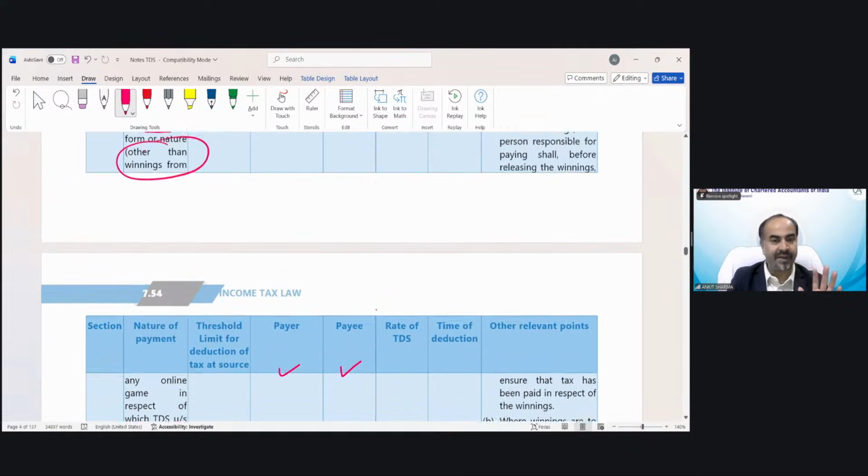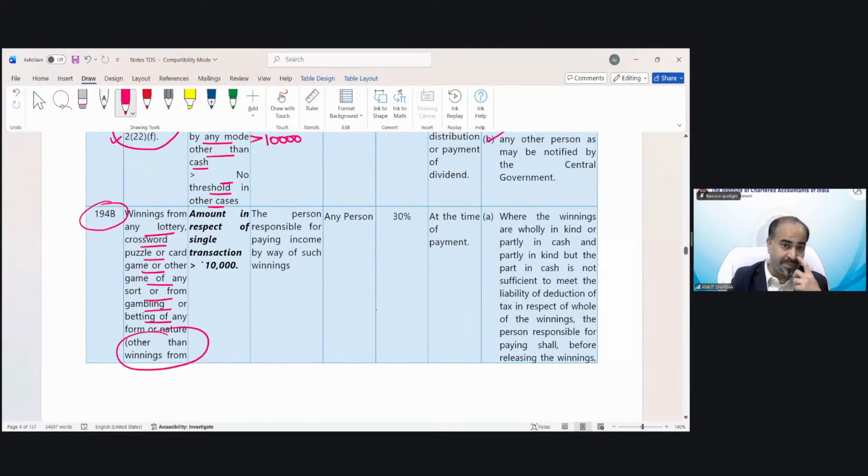Other than that winning. So these are also part of casual income. But in this case, the amount in respect of a single transaction, if it is exceeding 10,000, then TDS is required to be deducted. Payer would be, of course, that person who is going to pay you for the winning.